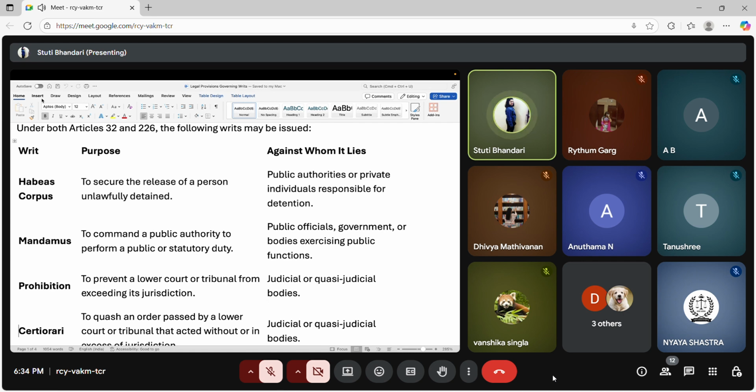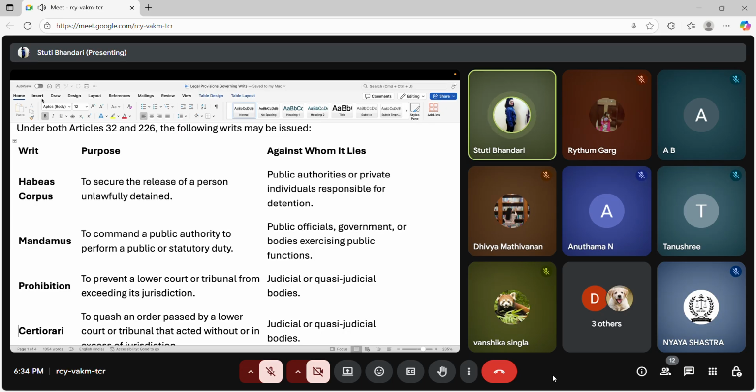Then prohibition. It is filed against judicial or quasi-judicial bodies. Quasi-judicial bodies, although they have an adjudicating function, for example, labor court and such courts, or any tribunals like NGT, National Green Tribunal, then you have motor vehicle tribunals, and so on.